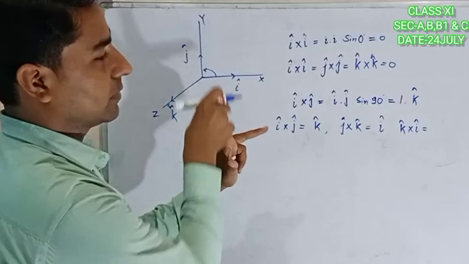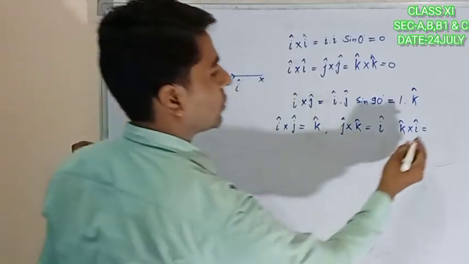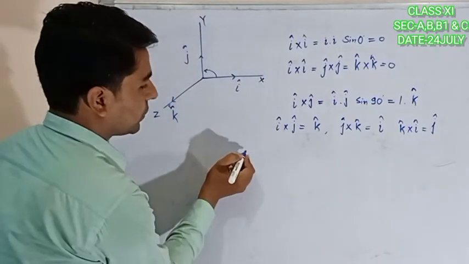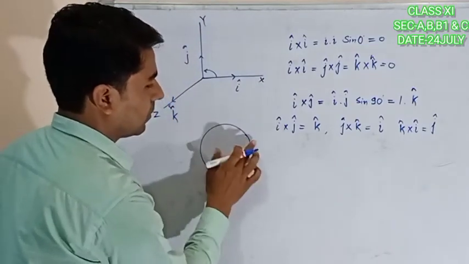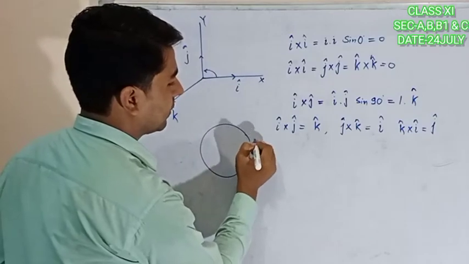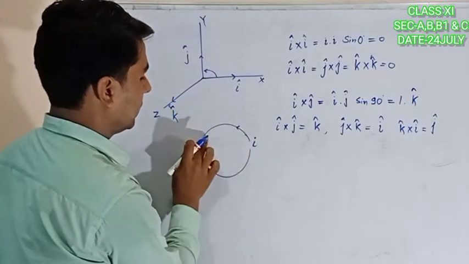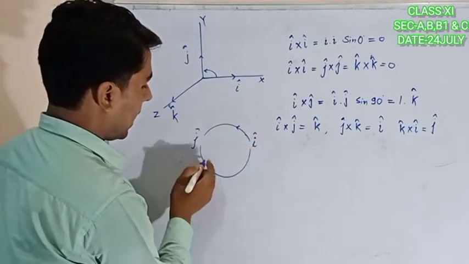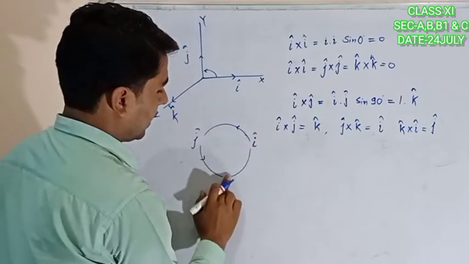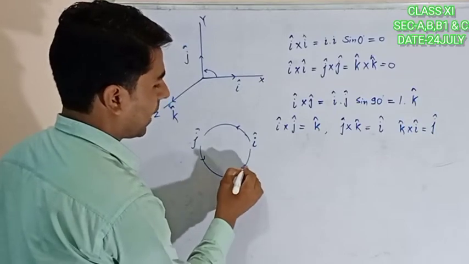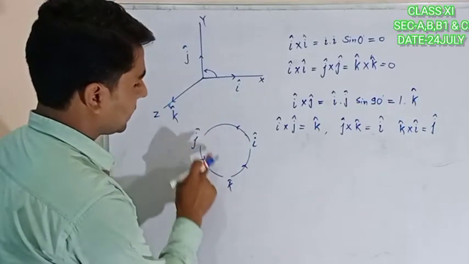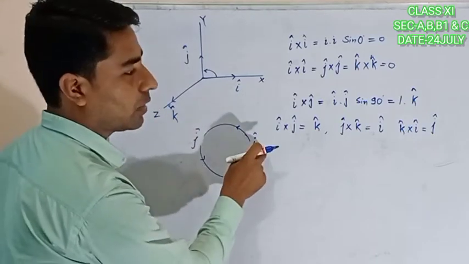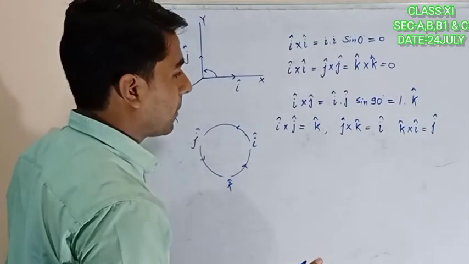So what will be there? This one is j. So the answer will be j. For that, just draw a circle and write here i and put an arrow here. Write here j and put an arrow here, and write here k and put an arrow here. So i cross j is equal to k, j cross k is equal to i, k cross i is equal to j. You are getting that.